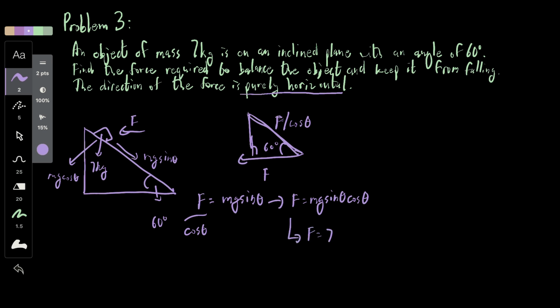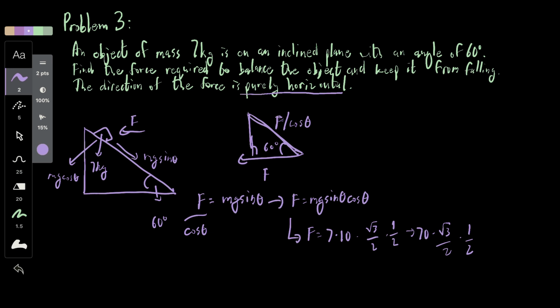So F is equal to 7 times 10 times sine of 60 degrees, which is the square root of 3 over 2, times the cosine of 60 degrees, which is equal to 1/2. So now we have 7 times 10 times square root of 3 over 2 times 1/2, which is 70 times the square root of 3 over 2 times 1/2.